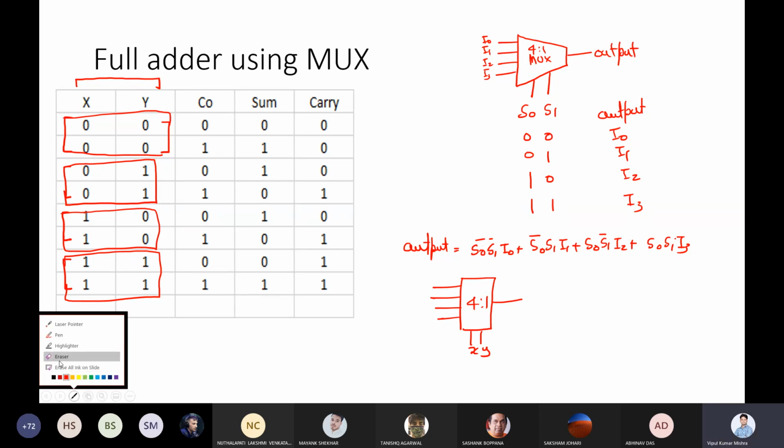I am taking 0, 0, then you take 0, 1, because this mapping will help you. Then 1, 0, and let me take black for 1, 1.